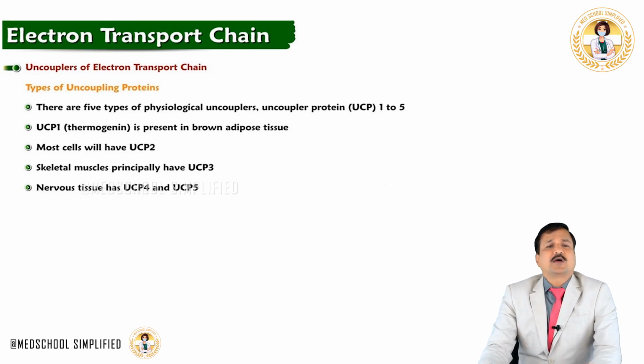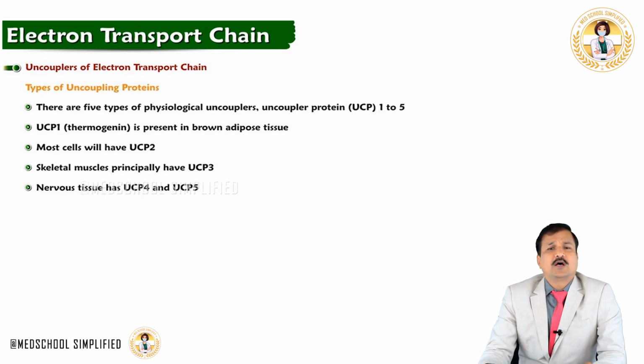Now, the types of uncoupling proteins found in a variety of tissues, uncoupling protein 1 to uncoupling protein 5, can be found in our tissues, and to varying degrees they can uncouple the electron transport chain, thereby releasing some of the heat that is needed for the maintenance of body tissue.